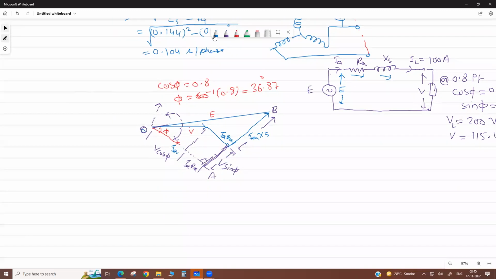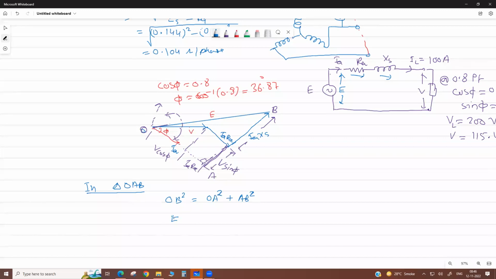In this right angle triangle OAB, OB square equals OA square plus AB square. Correct, no?